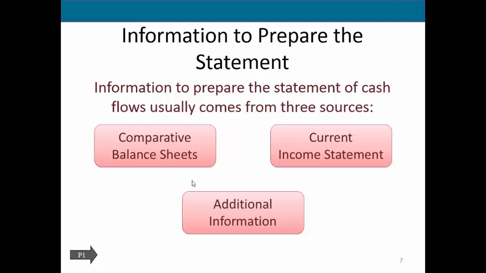If we're doing the indirect method, we are going to be starting with our net income and adjusting our net income for anything that we didn't get cash for. So if our accounts receivable increased, that means we made revenue. So that revenue is going to be reflected up in that net income number.